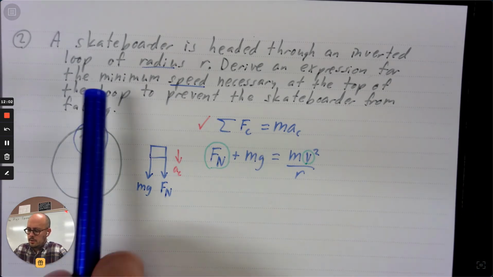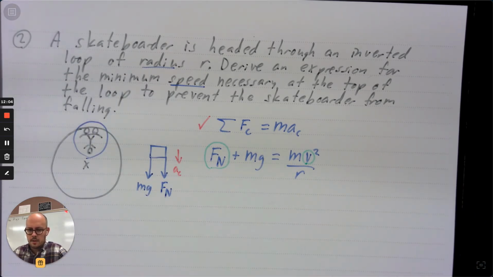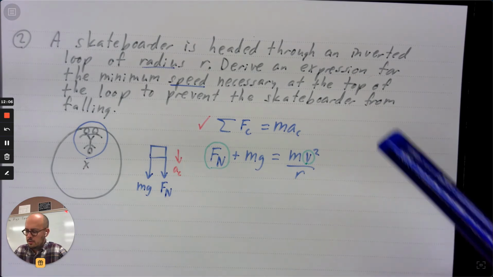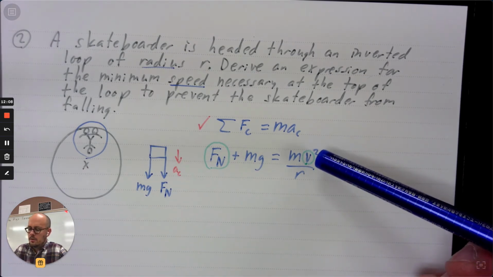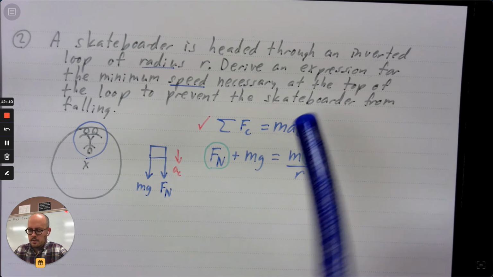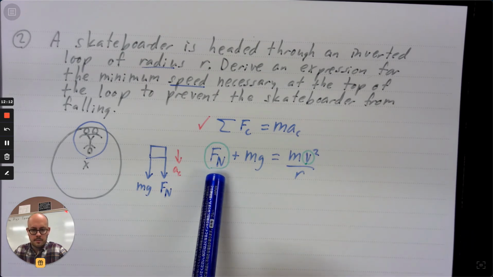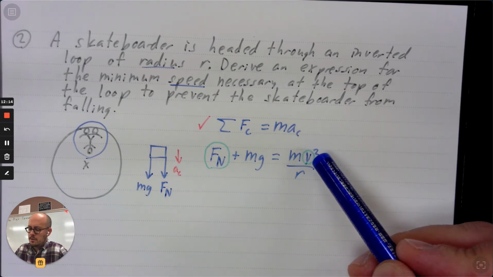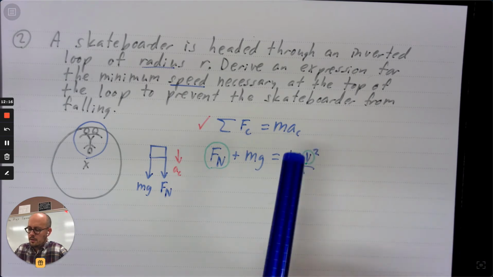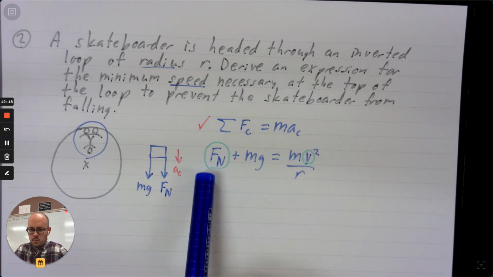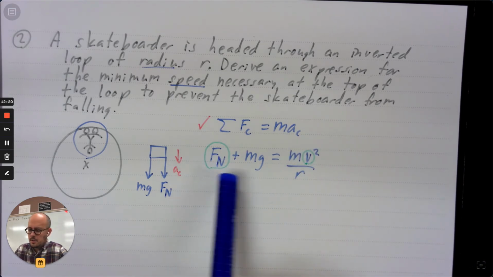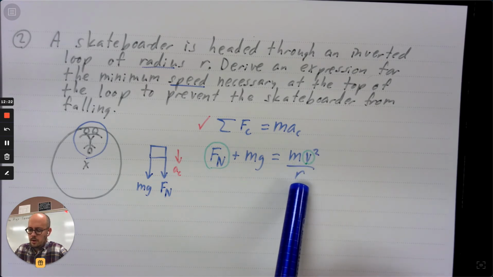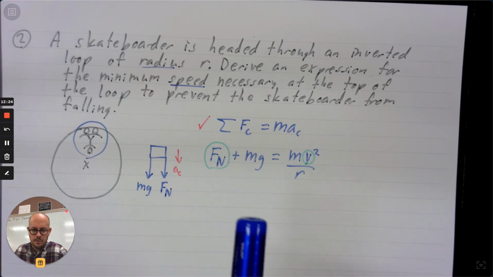The question says, what's the minimum speed necessary? If we take this to its conclusion, the lower the speed gets, the lower the normal force gets. At a certain point, the speed is so low that the normal force wouldn't even be there because mv squared over r would be equal to mg.